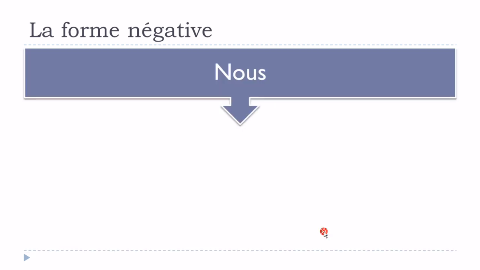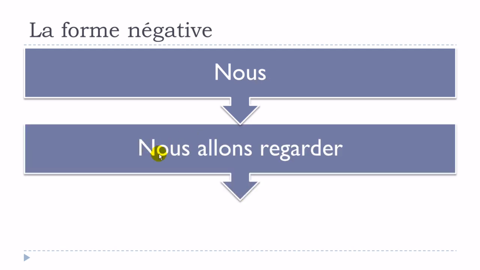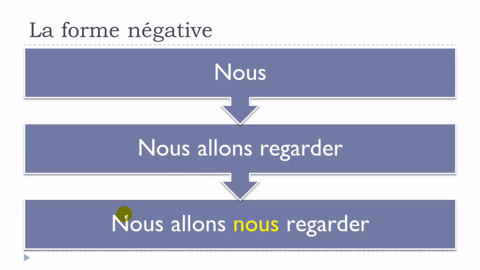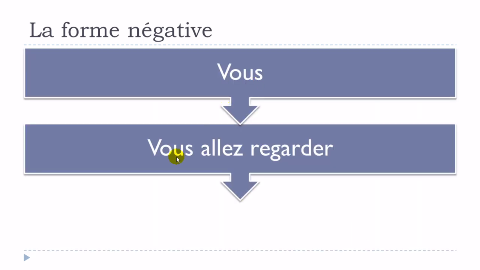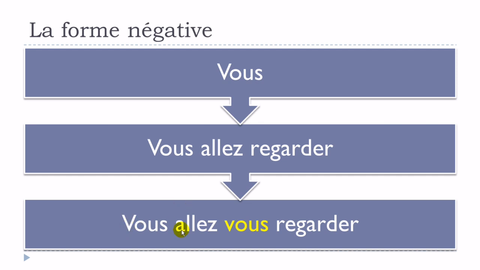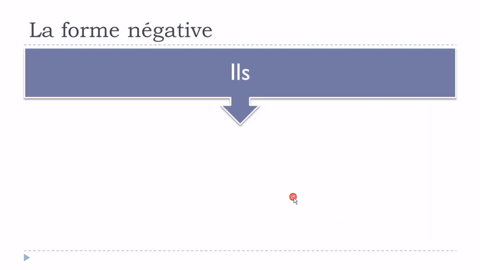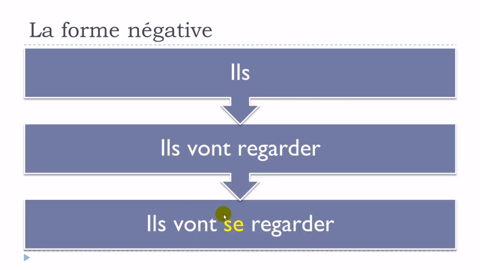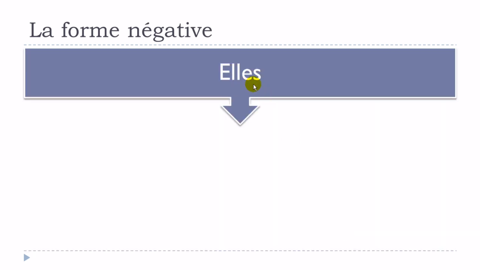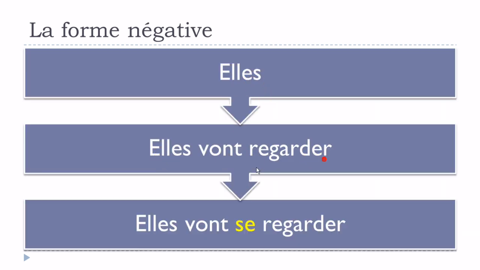Okay, so now for the first person of the plural, nous allons regarder, and then it will become nous allons nous regarder. Vous allez regarder, vous allez vous regarder. And then good news, third person of the plural, ils vont regarder, ils vont se regarder. Elles vont regarder, elles vont se regarder.